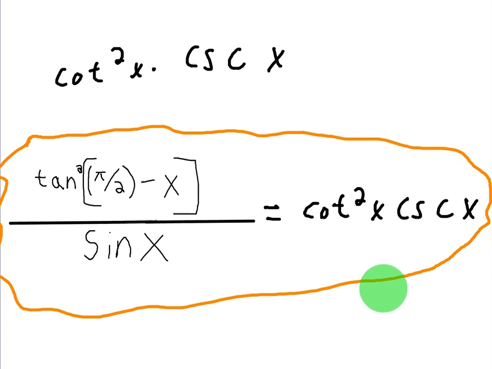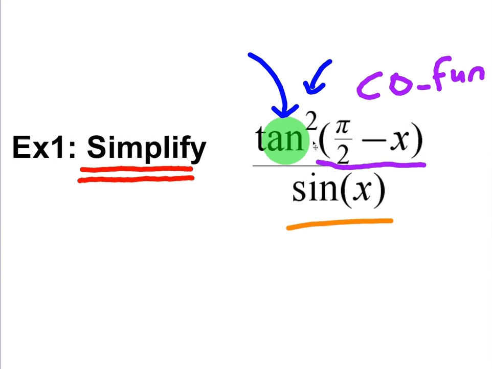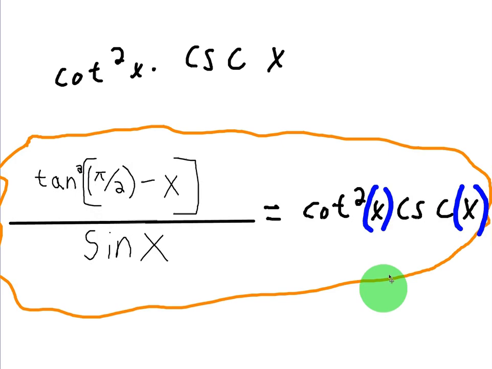I want to use some parentheses here. Your final answer should not contain pi over 2 minus x, because cofunction identities take care of that. And notice that the final answer is, in fact, much simpler than the original. Not only is it not a fraction anymore, but it has the same total exponents, and it took away that pi over 2 minus x.